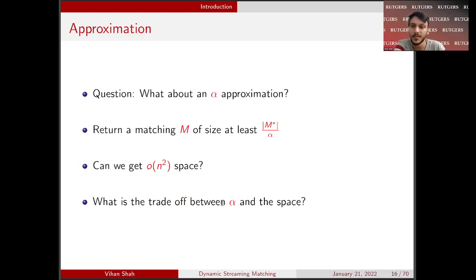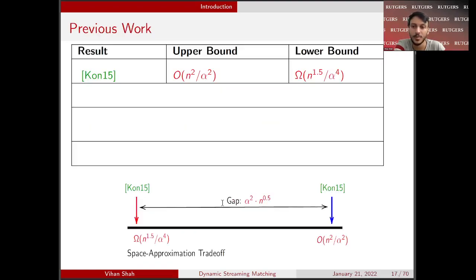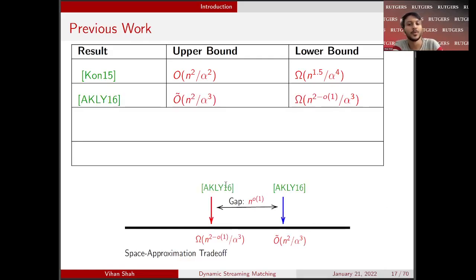So let's look at some previous work on this problem. Konrad '15 gave an upper bound of n squared over alpha squared and a lower bound of n to the 1.5 over alpha to the 4. You see that the gap here is alpha squared times n to the 0.5. Assadi et al. improved this gap significantly to just n to the little o of 1.